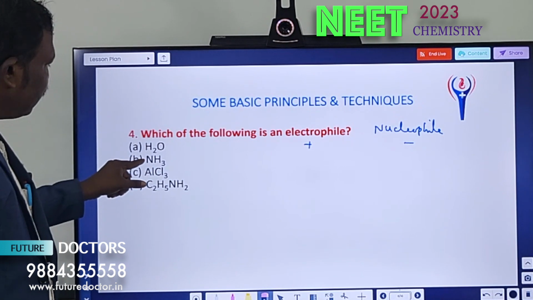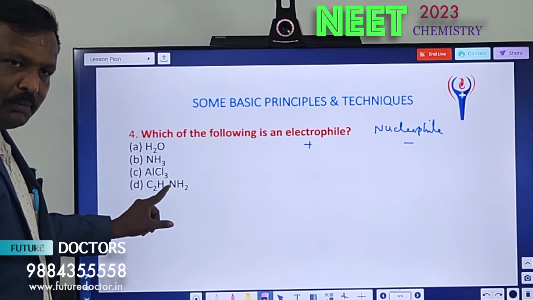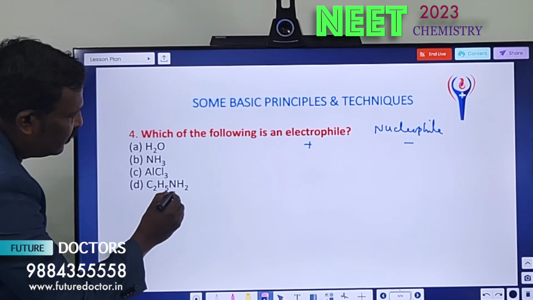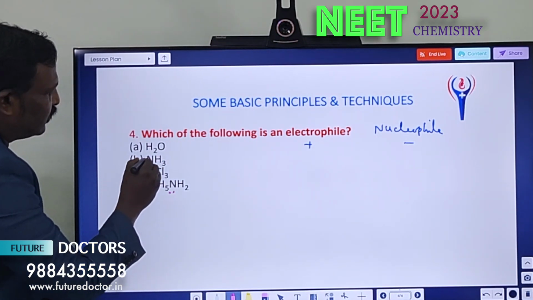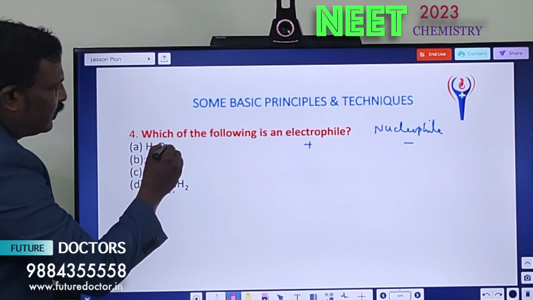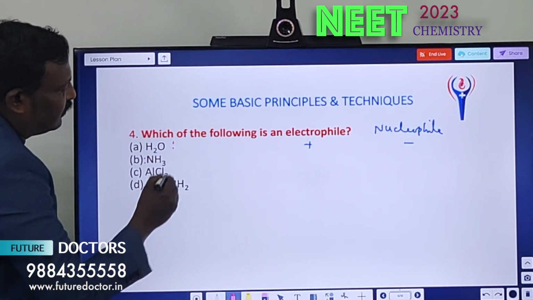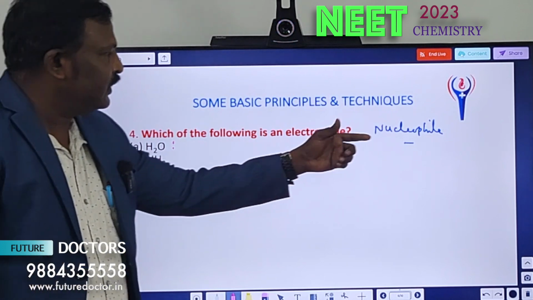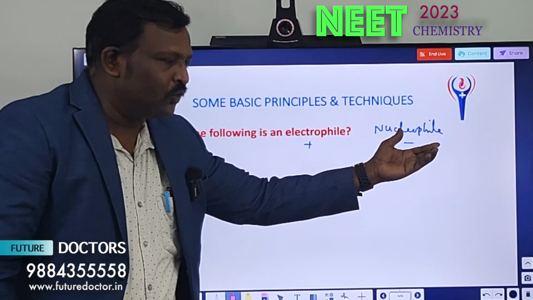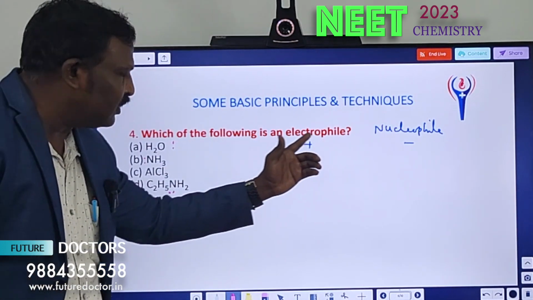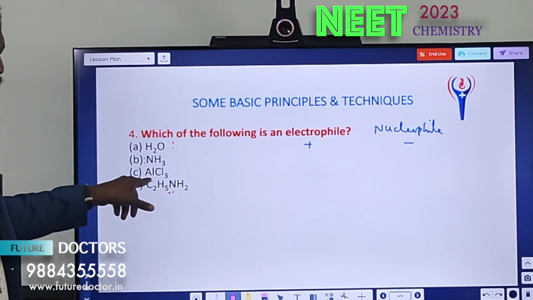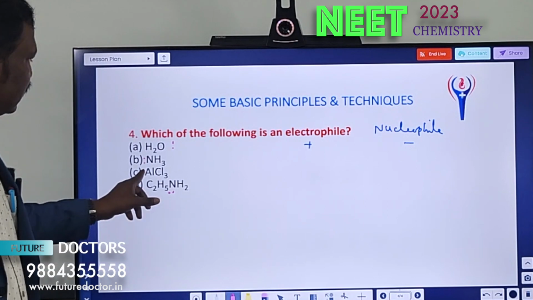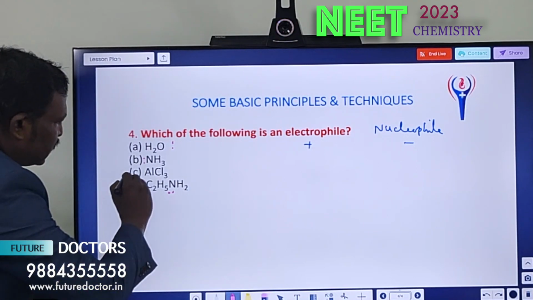In ammonia, we have lone pairs of electrons. In amines also we have lone pairs of electrons. All of these have lone pairs of electrons. So I told you, if you have a lone pair of electrons, that's called a nucleophile group. But they're asking to find only the electrophile group. Electrophile group means, for example, aluminum chloride, where the octet rule is not satisfied. So the answer is C, the correct option.